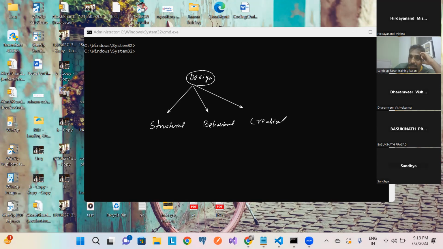And the most important is definitely creational, because the income of any human person cannot be infinite and demands are never fulfilled, obviously. And some wants become habits. If you have the habit of purchasing something every month, it may not meet your expenditure and your requirement. So a design pattern is a solution.